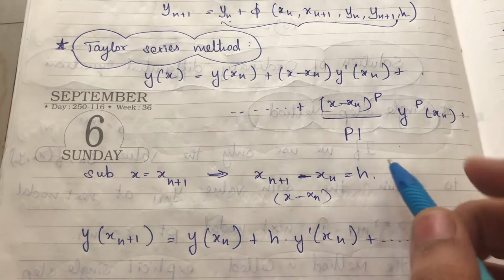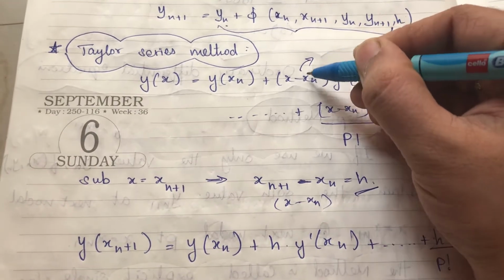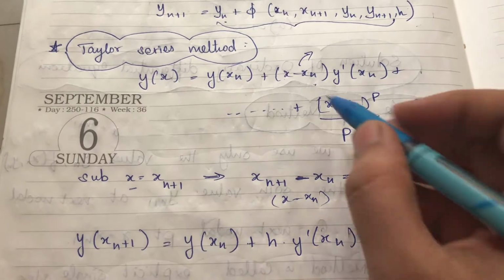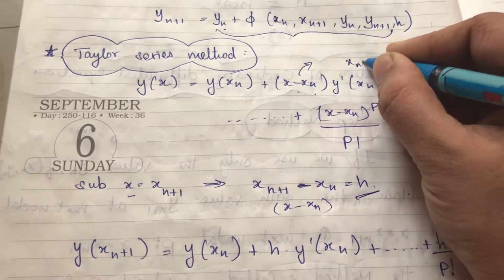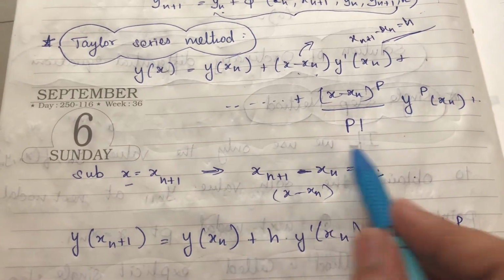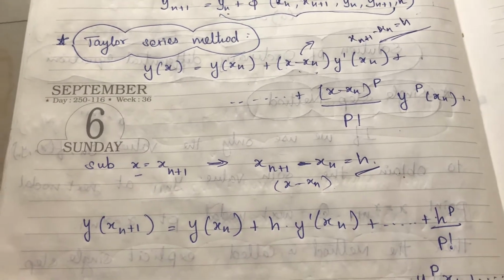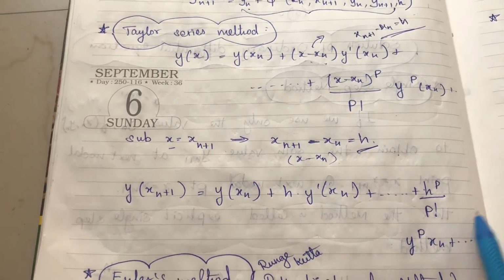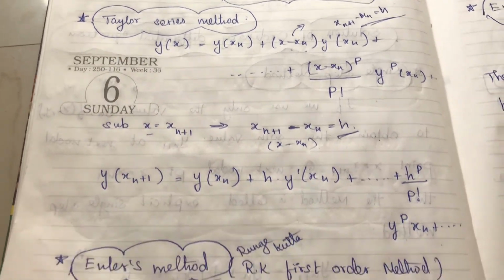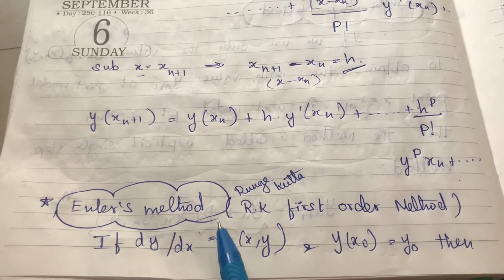We know that h is the interval, so I am taking x minus xn as h. Since we substituted x as xn plus 1, this term becomes xn plus 1 minus xn, which is equal to h. That's what I have written here. Just replace all the terms and you will get the new equation as this. So this is the Taylor series method. And the third method is Euler's method.